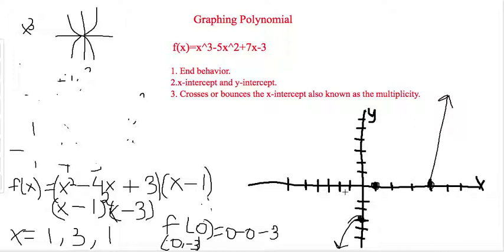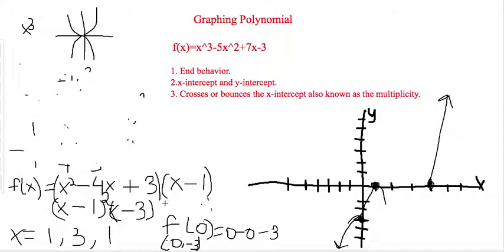Now I have to determine if it bounces or crosses at each x-intercept. Where we got 1, we got it from the x minus 1 squared, so it has an even multiplicity. When it's an even multiplicity, it bounces at the x-intercept, so it's going to look something like this. Bounce. Our next one is where we got positive 3.